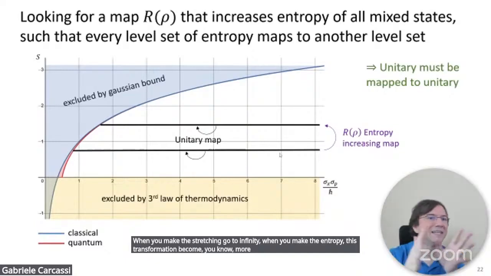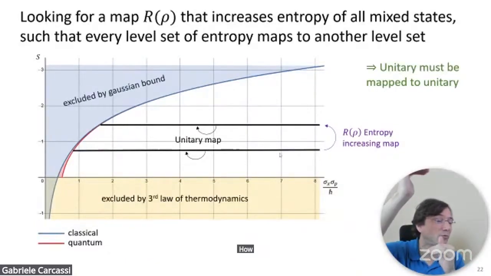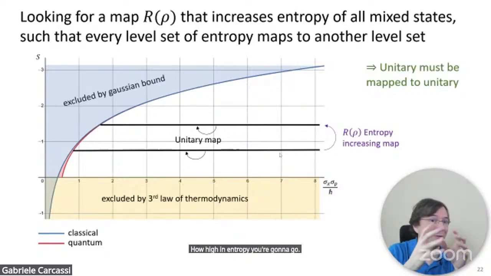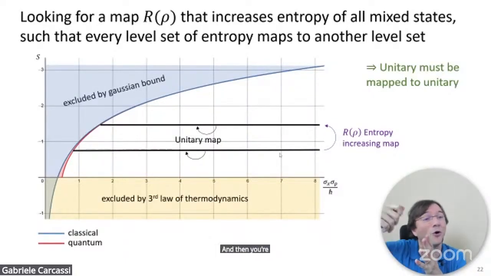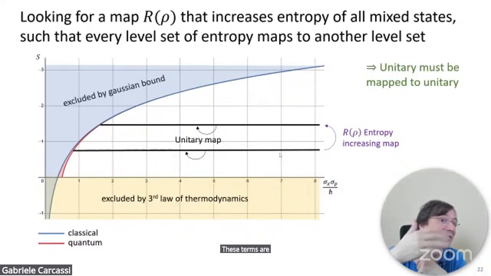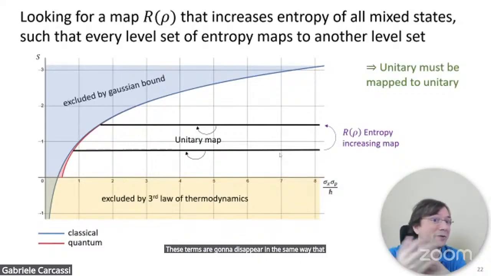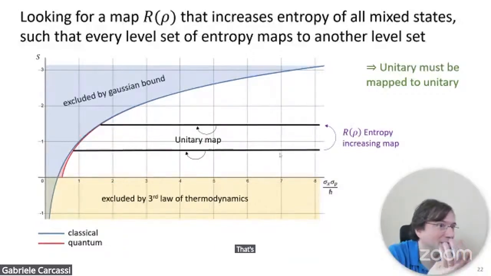So you're going to have some kind of stretching coefficient gamma that tells you how high in entropy you're going to go. The Moyal bracket is going to be Poisson bracket plus these terms with this gamma, and then as this gamma goes to infinity, these terms are going to disappear in the same way that they would disappear if you made h bar go to 0. That's basically how it works technically.